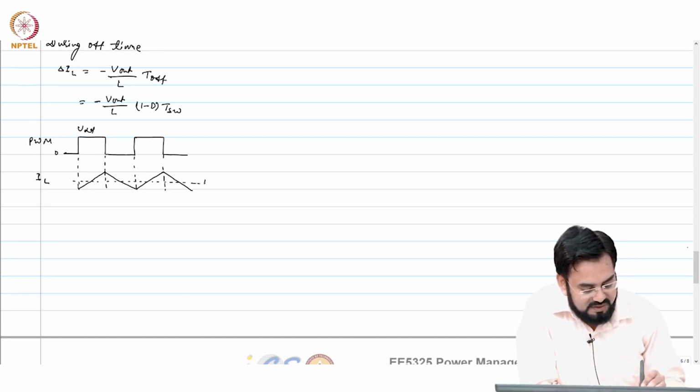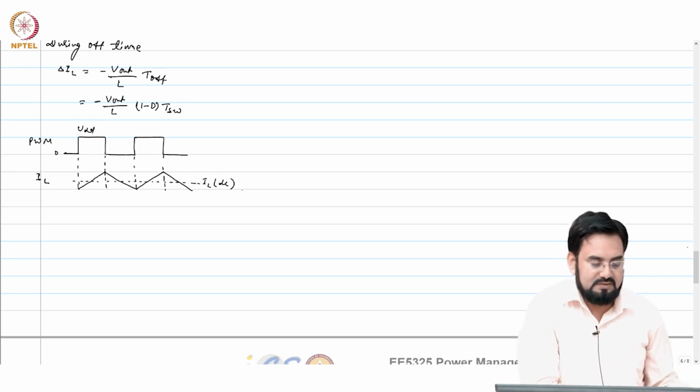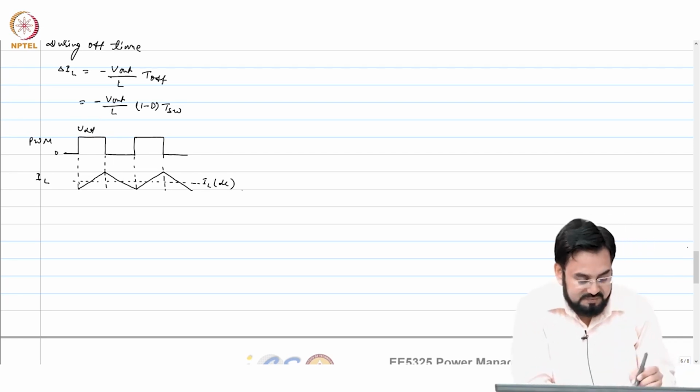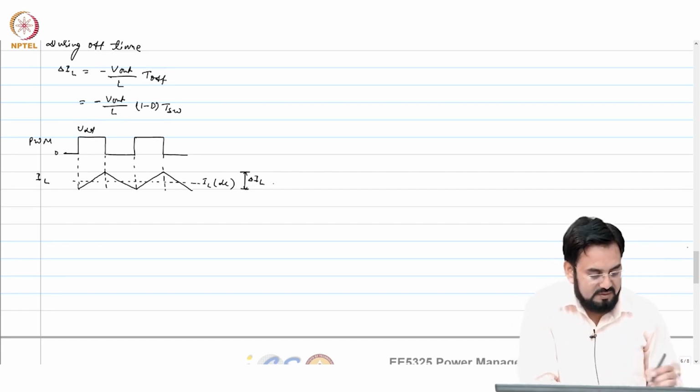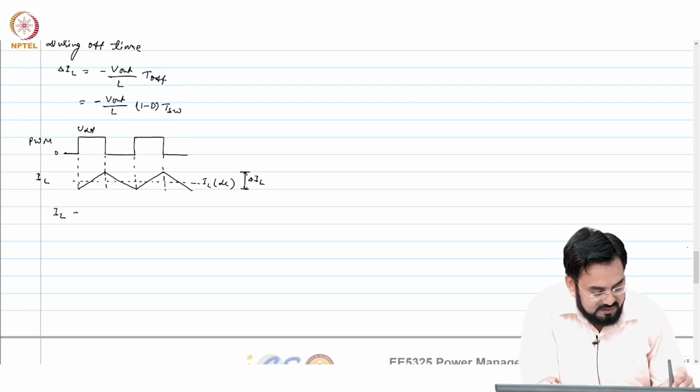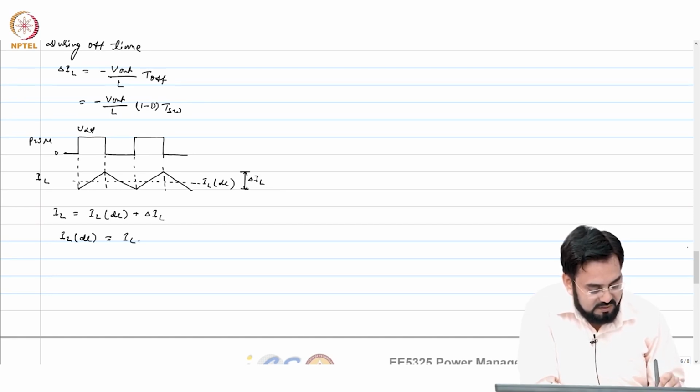And this will be nothing but IL DC. So what you have, and this is your delta IL. So your inductor current consists of IL DC plus delta IL, and IL DC is nothing but I load.